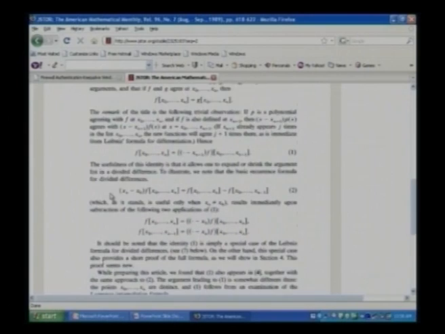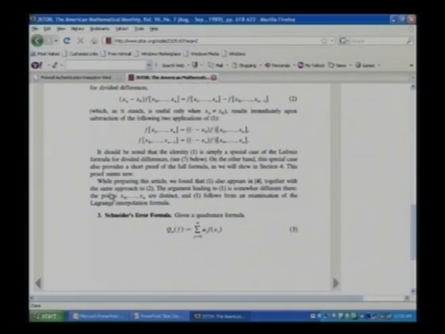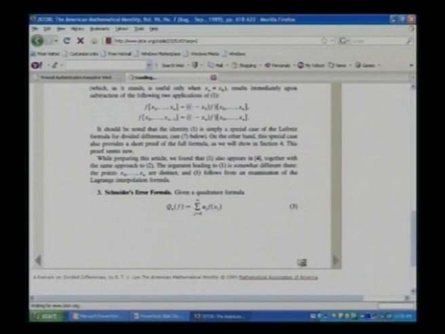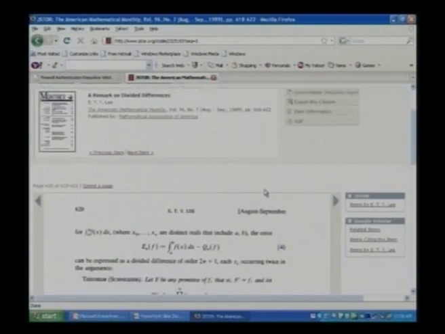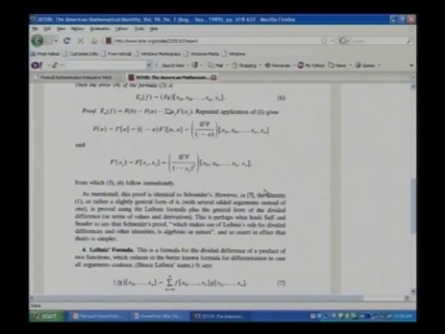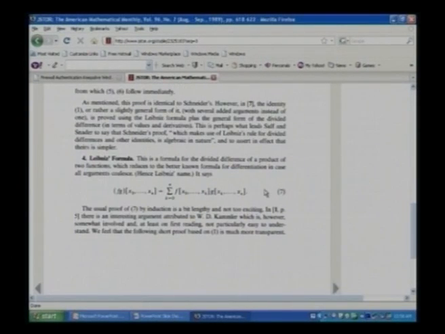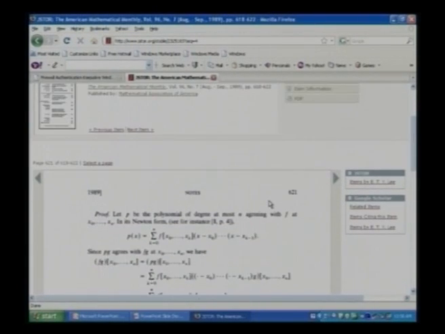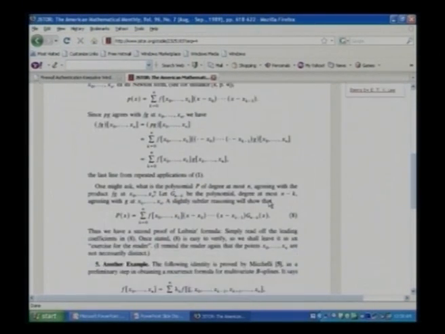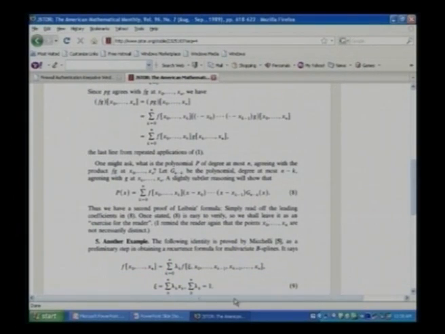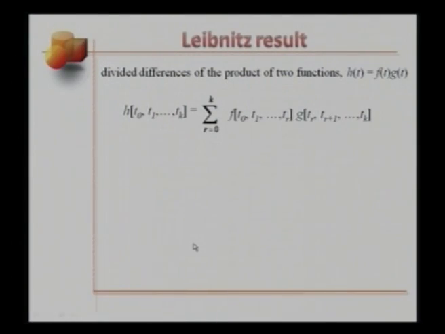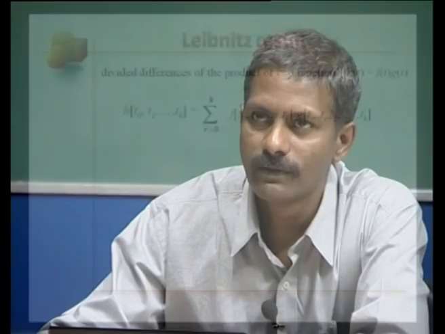This paper presents a much more elegant proof of the Leibniz result. You might want to take a look. However, here our intention is different. We are going to be using this result to derive the recursion relation for B-spline basis functions.